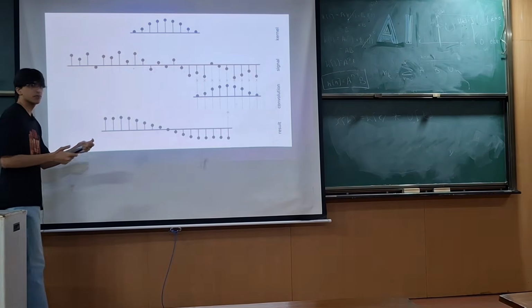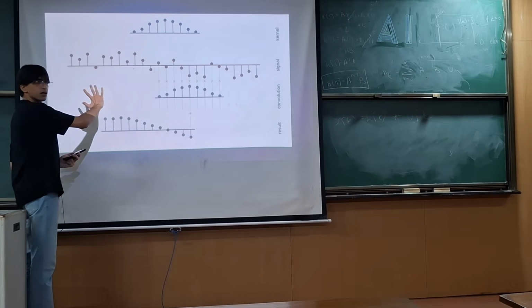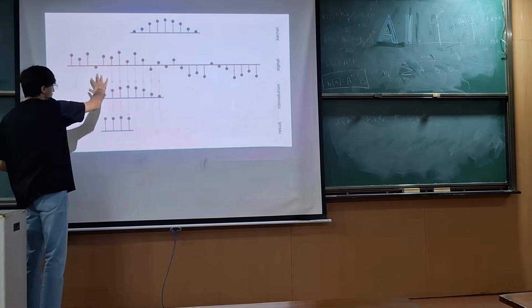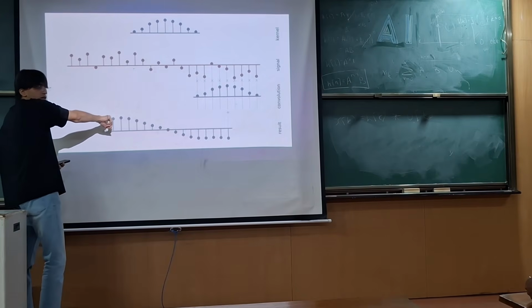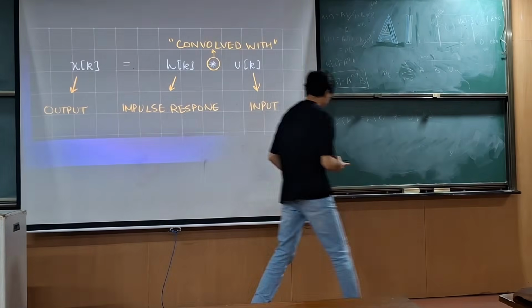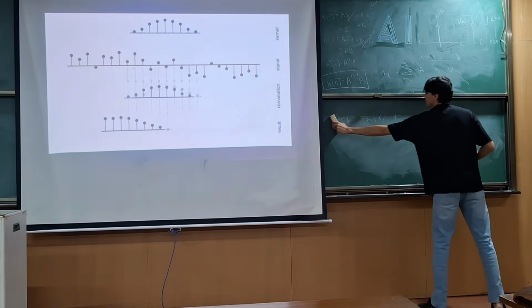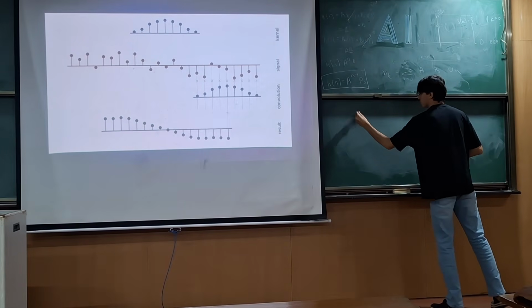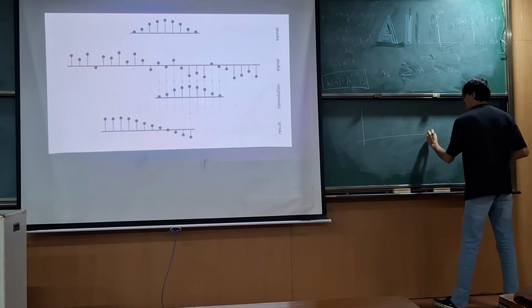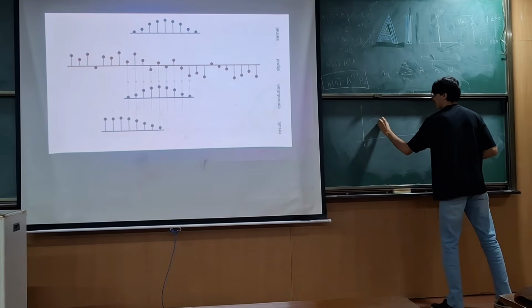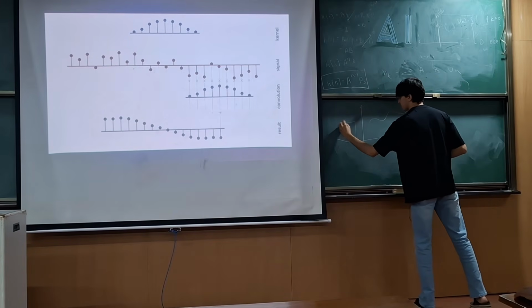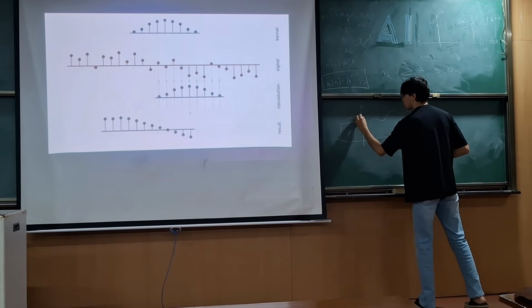This might not be intuitive, it's a lot of math, but we're going to see how convolution actually works. The impulse response is basically like a filter. It takes the value at every point, sums it up, and gives the value here. If you have some function like this, and you have an impulse response like this, it will move here.